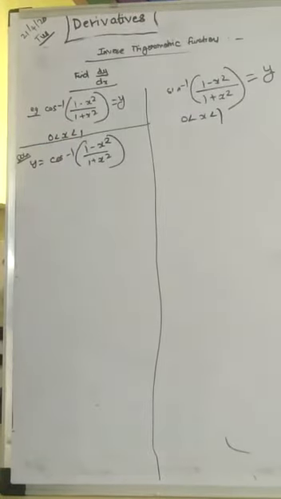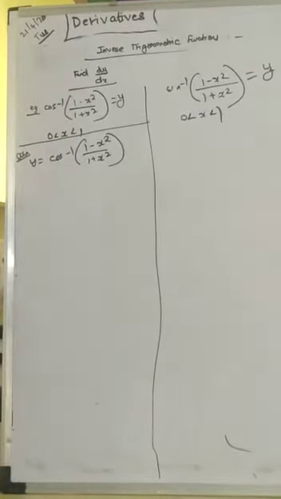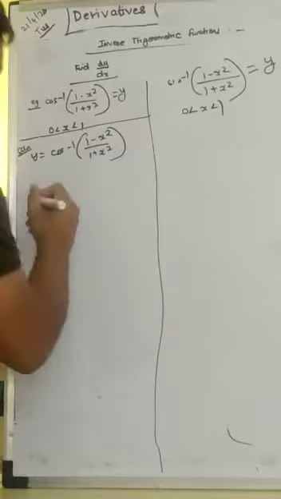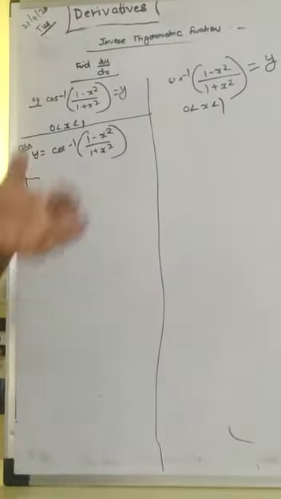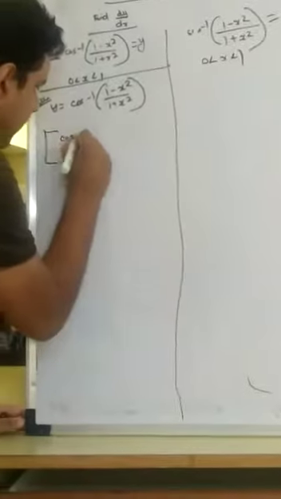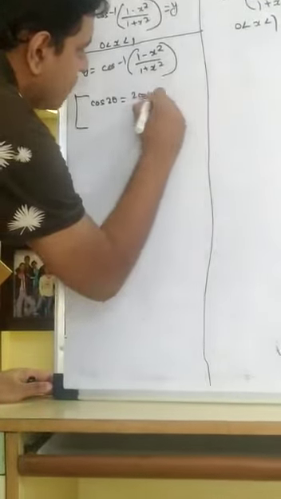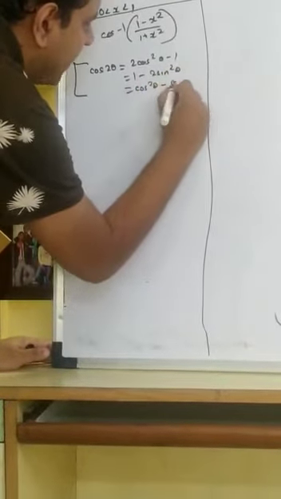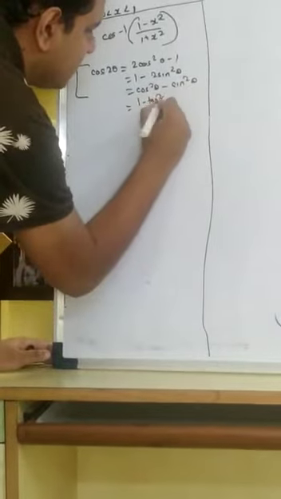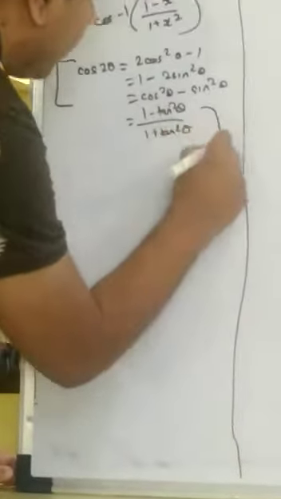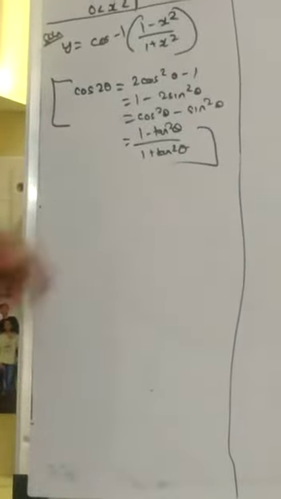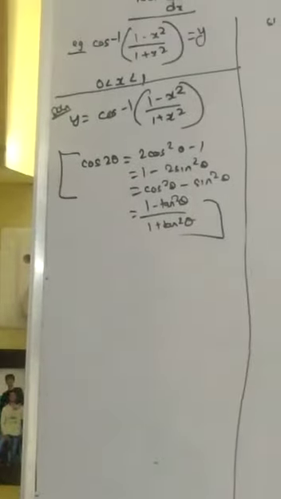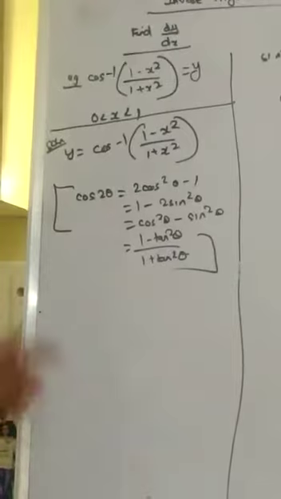So here, (1 minus x square) upon (1 plus x square), does the substitution of x for something symbolize some cos value? Let's see, for example, cos 2 theta, which has many values. Cos 2 theta is equal to 2 cos square theta minus 1, 1 minus 2 sin square theta, cos square theta minus sin square theta, and (1 minus tan square theta) upon (1 plus tan square theta). So if you see (1 minus tan square theta) upon (1 plus tan square theta), it resembles this if I take x to be tan theta, and it is also a fraction.